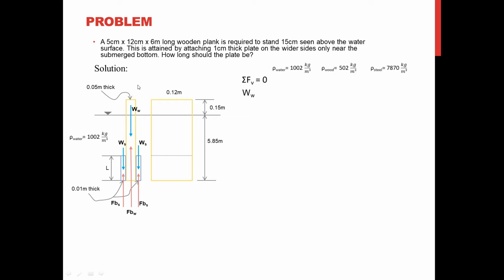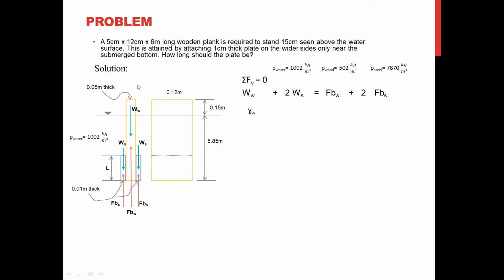So we have the weight of wood and 2 weights of steel. Those are the downward forces, which will be equal to the upward forces. All of the upward forces are the uplift forces caused by the buoyant force. So we have the buoyant force for the wooden plank plus 2 buoyant forces for the steel plates.